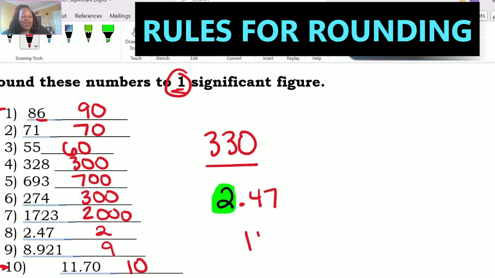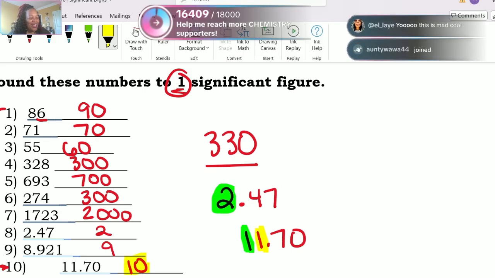Remember, 11.70. We only need one significant digit. This one that I'm highlighting in yellow tells the green one to stay put. So you replace the yellow one with a 0. So that's why it becomes 10. And that's one significant digit right there without a decimal.